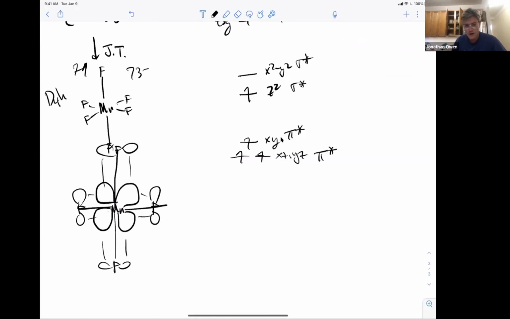This distance is long. So, in the Z direction, the pi interaction is different than in this X direction here. The X interaction is stronger. So that's why they split in this way.